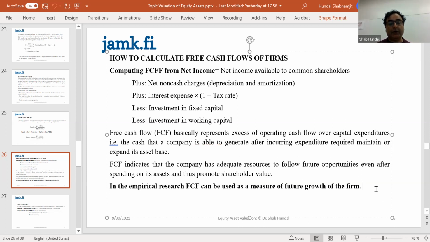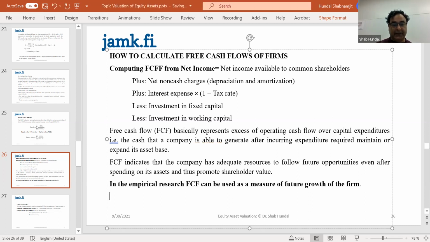The free cash flow, FCF, divided by total assets, can be used as a very good measure of the growth orientation.